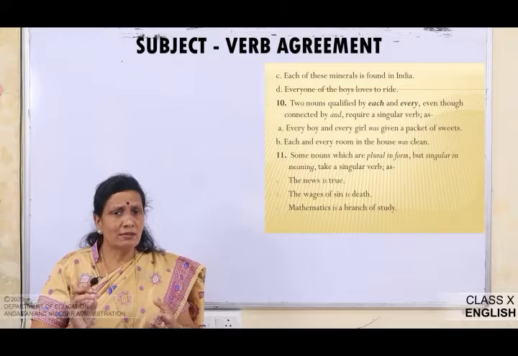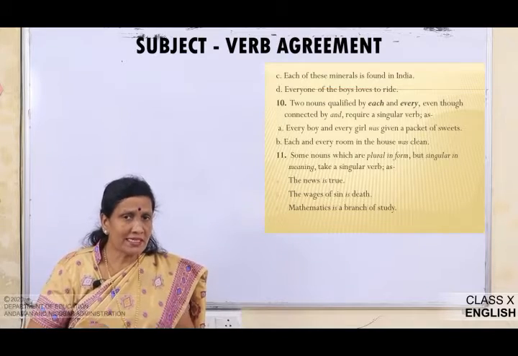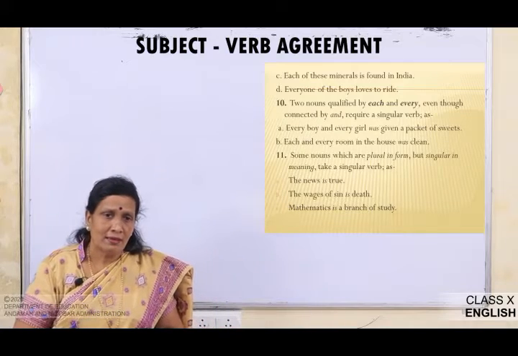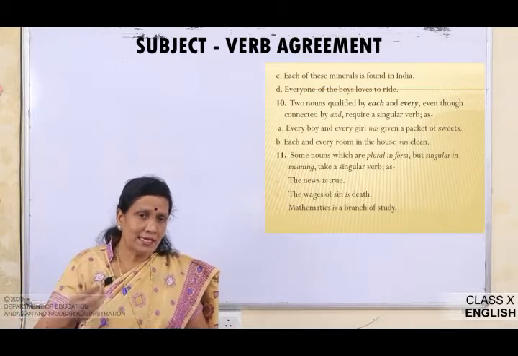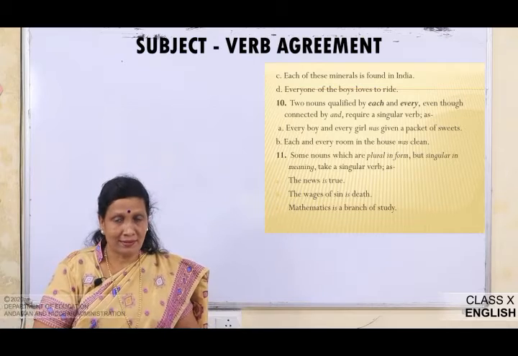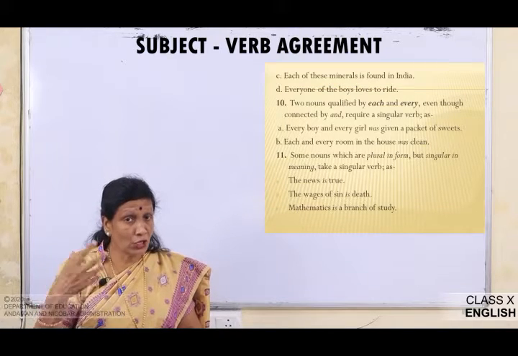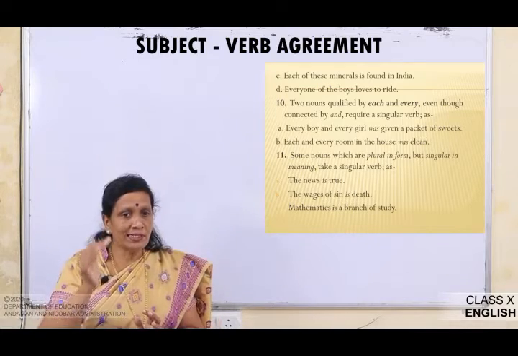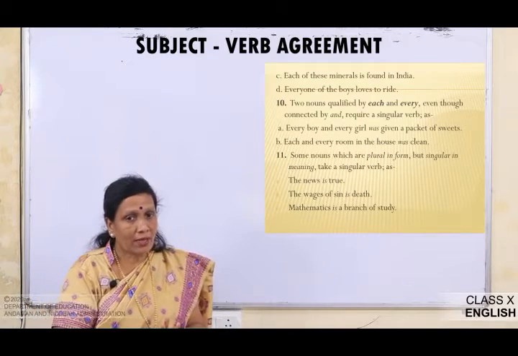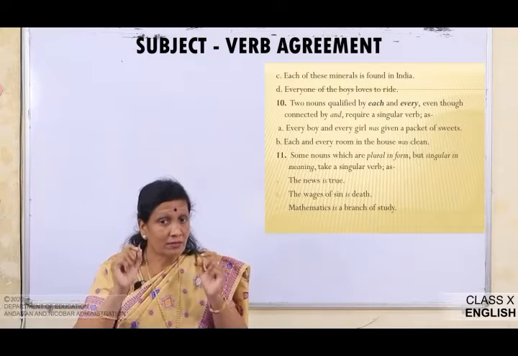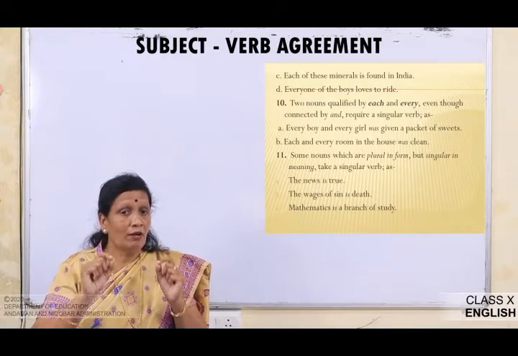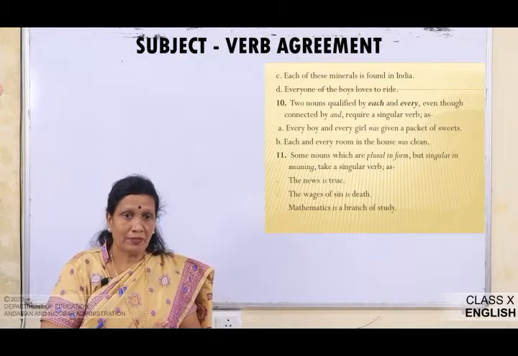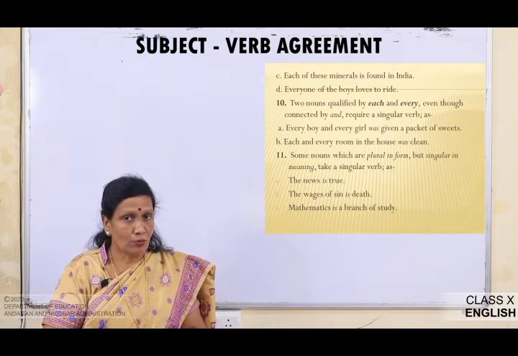So, news, wages, mathematics, physics, whenever we talk of subject like this, which might seem plural to us. Okay? Wages, news, we say the news was not true. We do not use the plural verb with the words that are plural in form, but they are singular in meaning.